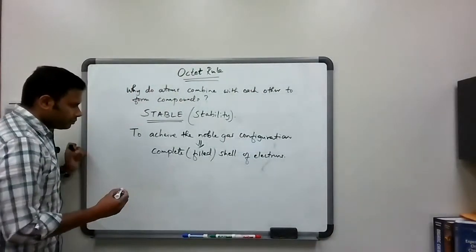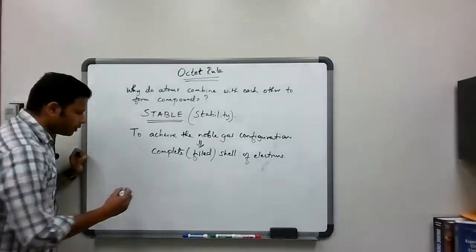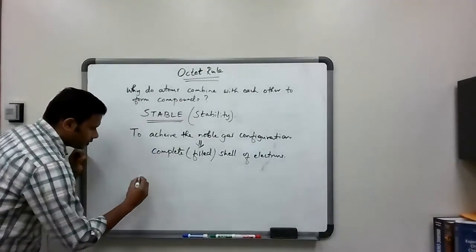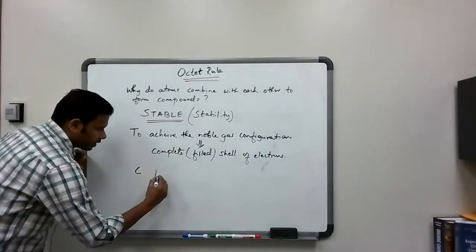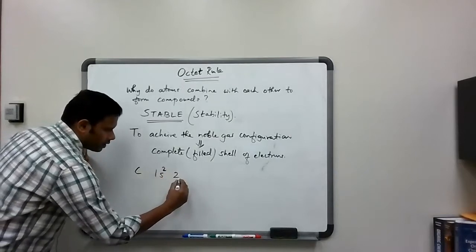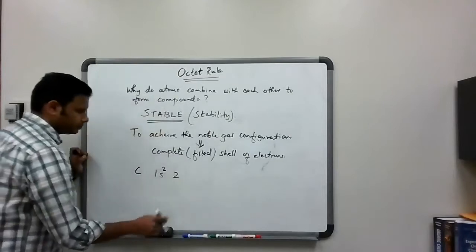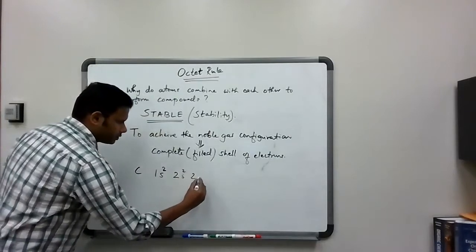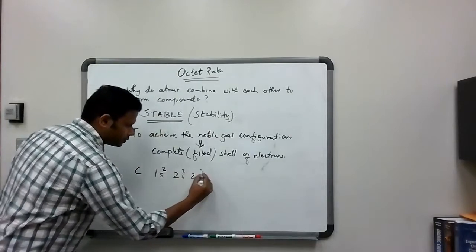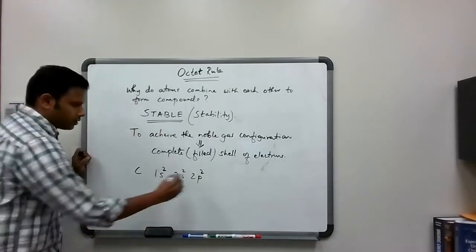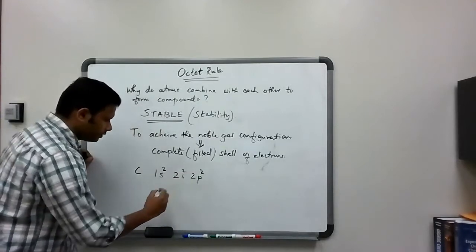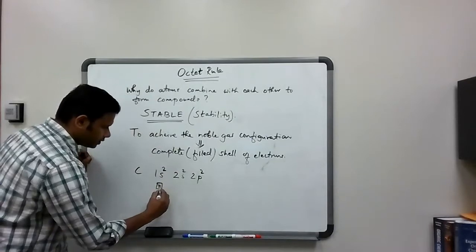So for example, carbon, if you think about carbon now, we already said that carbon has an electronic configuration of 1s2, 2s2, and 2p2. Now the p orbital here, we looked at the electronic configuration earlier.